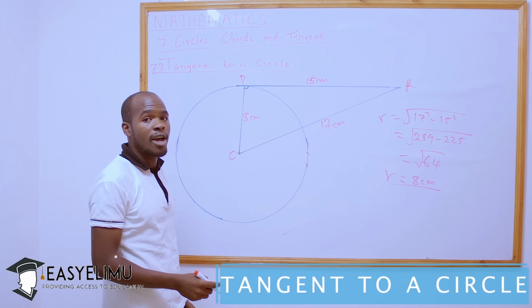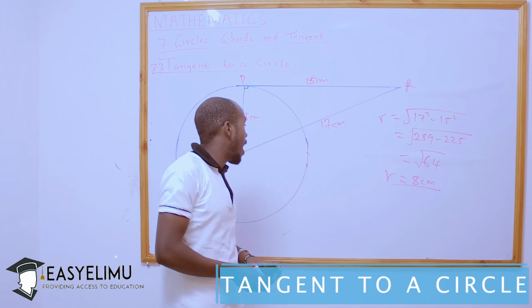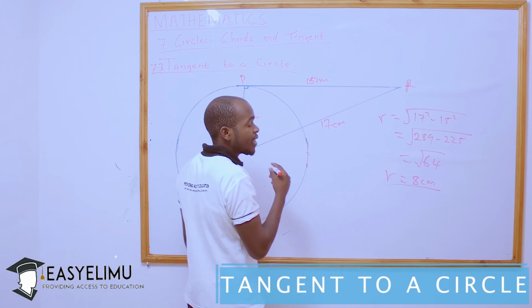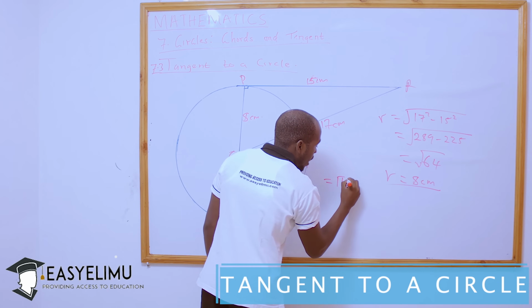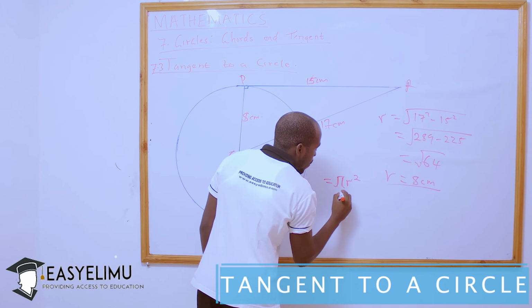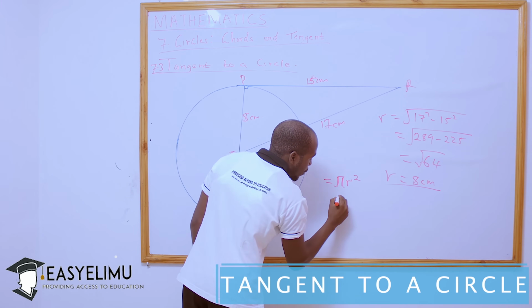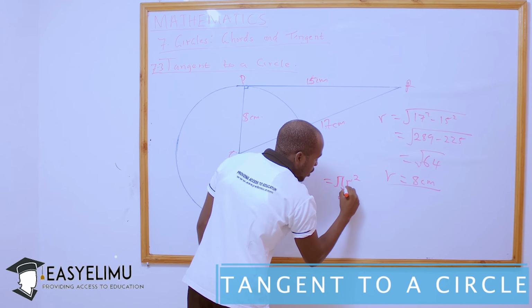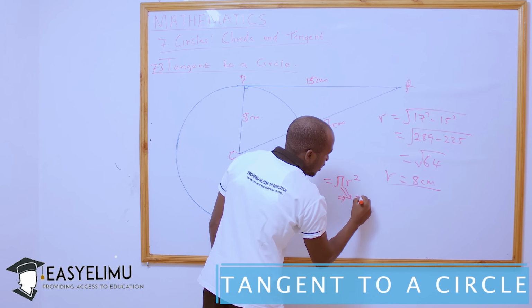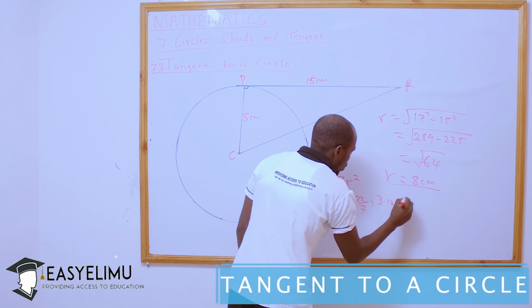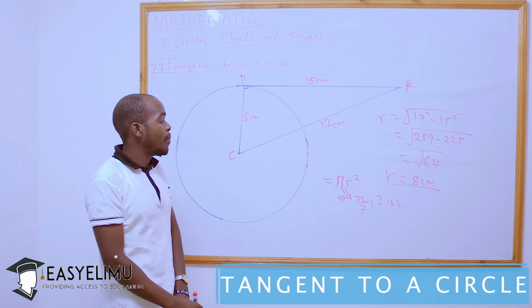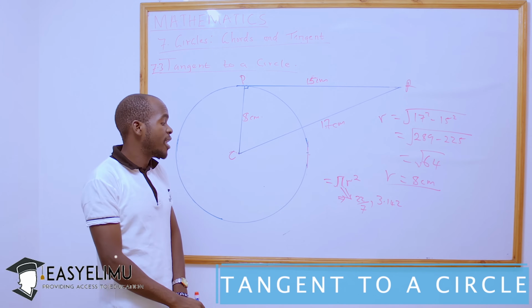And having the radius now, we can calculate the area. Since we know the area of a given circle is given by pi r squared, whereby pi is a constant, and we shall use either 22/7 or 3.142 in case the radius given is not divisible by 7.